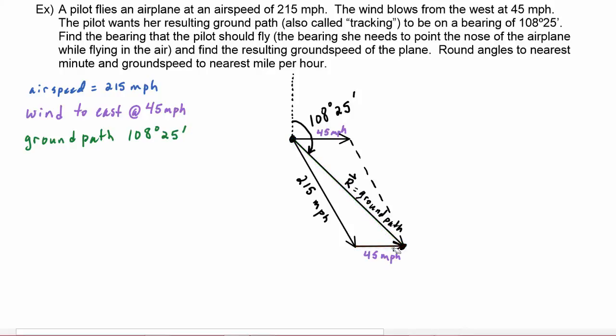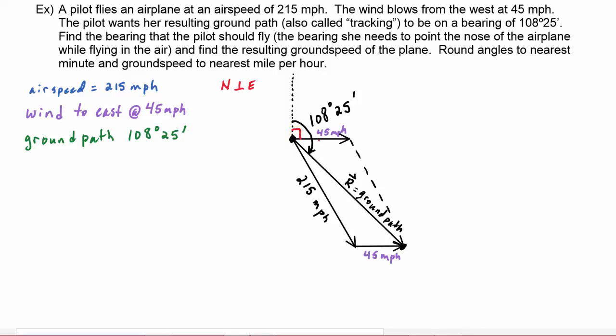So let's start finding some angles in this picture. We know this is to the north, and this is to the east, and we know that north is perpendicular to east, so this would be a right angle.